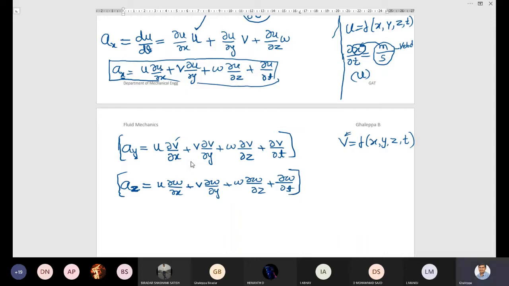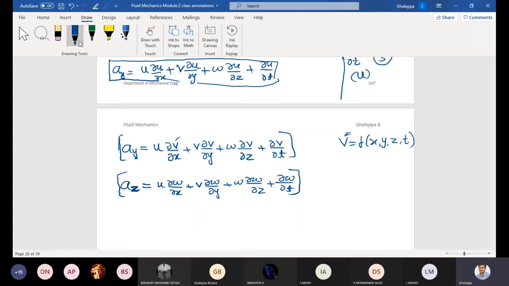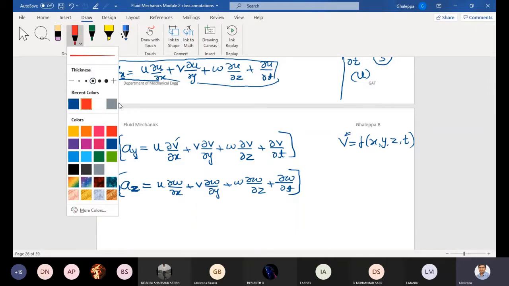So now, what is local acceleration and what is convective acceleration? Local acceleration means the change of velocity with respect to time. In these three equations, which one is the local acceleration term and which one is the convective acceleration term?